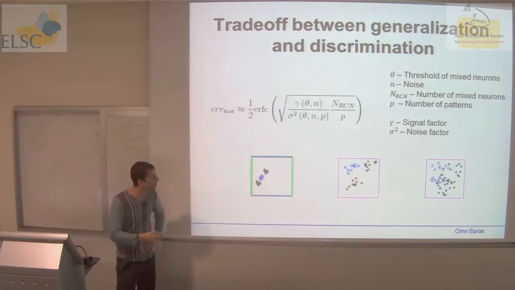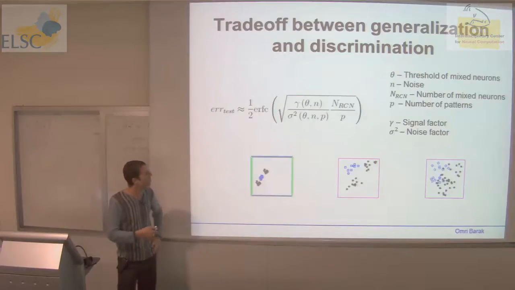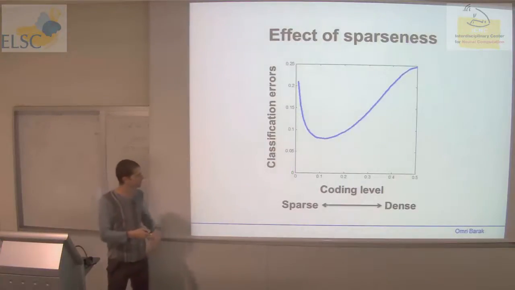But once I try to increase the signal too much, then discrimination, let's say between the centers of these clouds, may be better, but generalization is hurt. So the noise is amplified too much. The threshold or sparseness modulates both of them to generate an optimal coding level, or sparseness level, that has the minimal classification error.